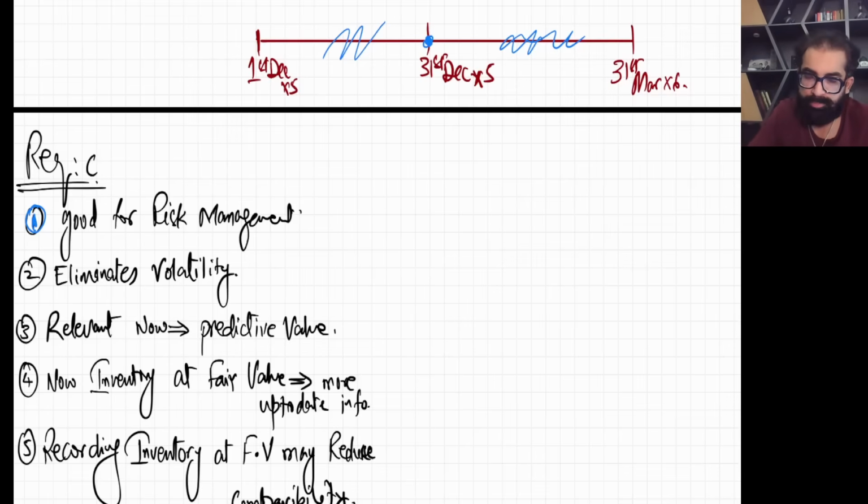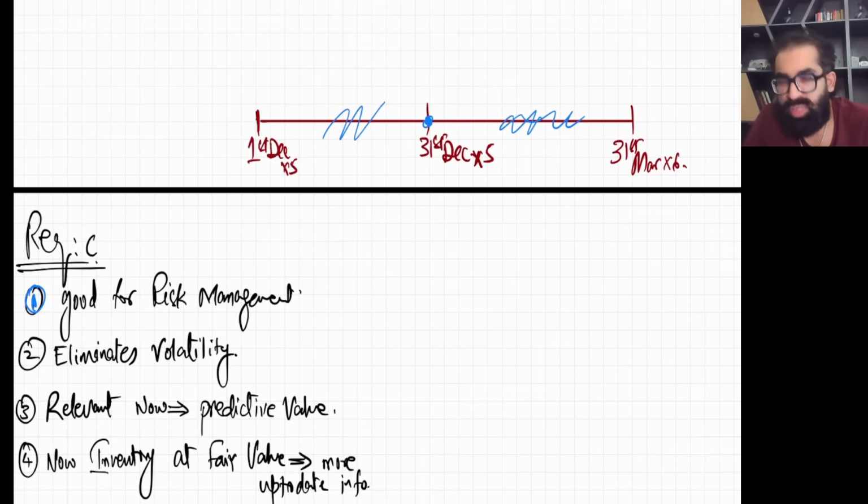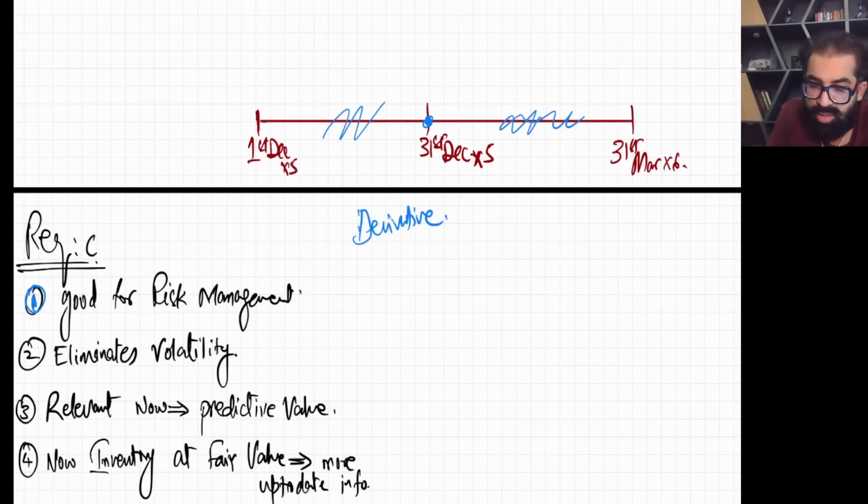Now just use your brain. Let me explain. Just think, we have one hedging instrument, the derivative. Derivatives are always recorded at fair value, even if you are not using hedge accounting. So if you are not applying hedge accounting, that derivative will produce a loss of 220,000 here.